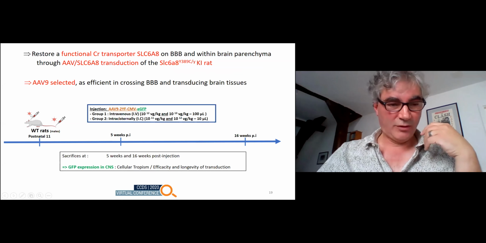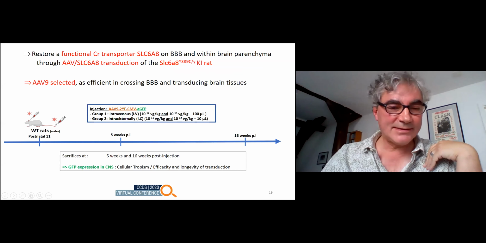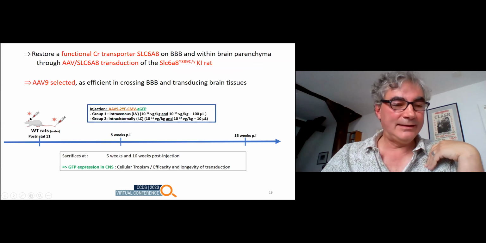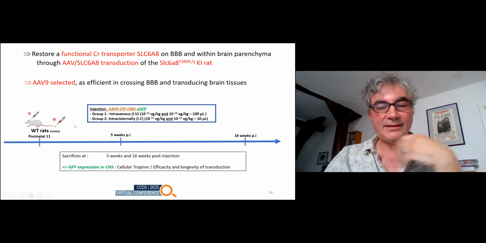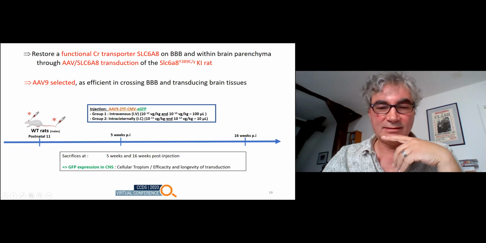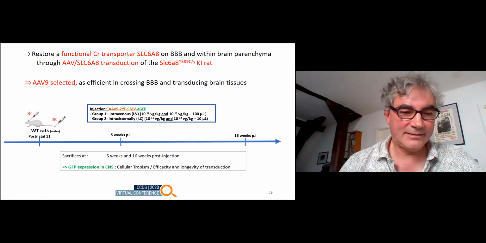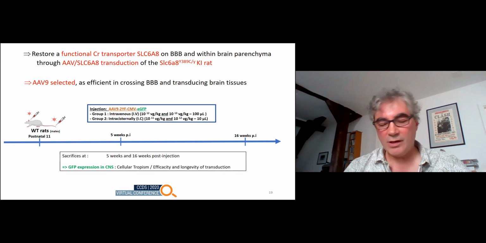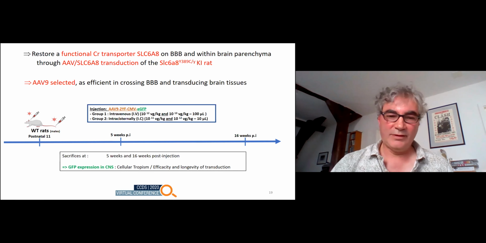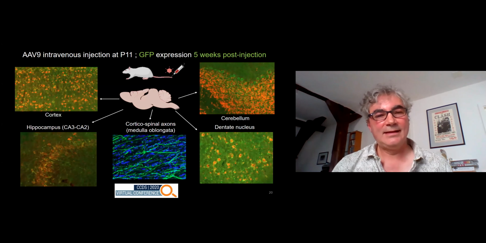We tried two modes of injection, intravenously in the tail and intracisternal, so intrathecal within the brain. And we checked two different doses of virus within these rats. I will show you 4 slides with these first results.